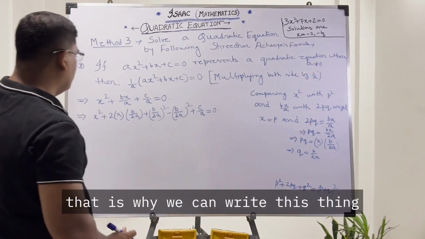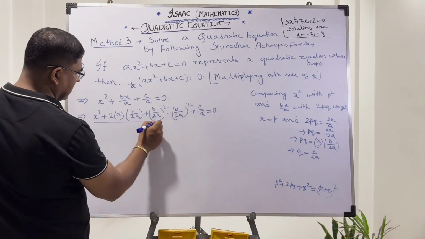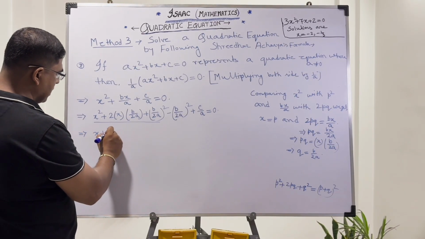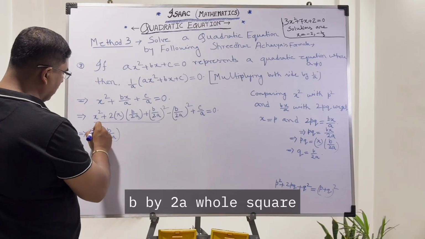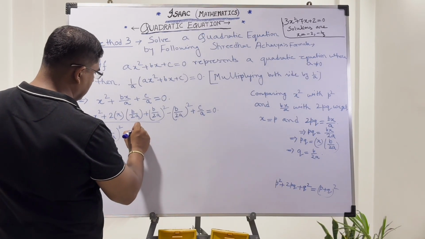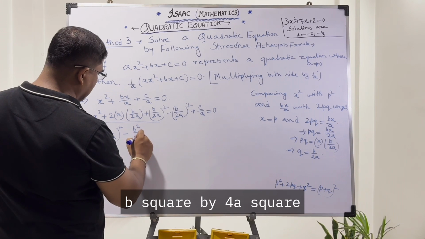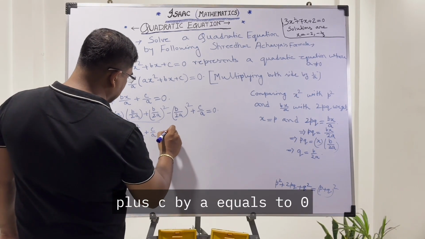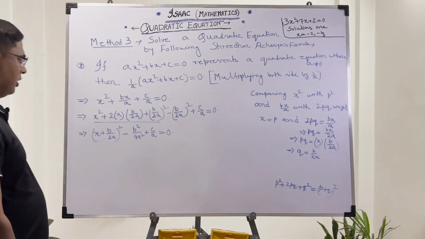That is why we can write this as (x + b/2a) whole squared minus b squared/4a squared plus c/a equals 0.